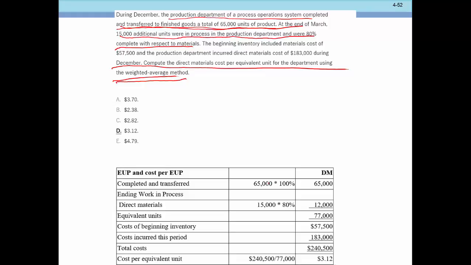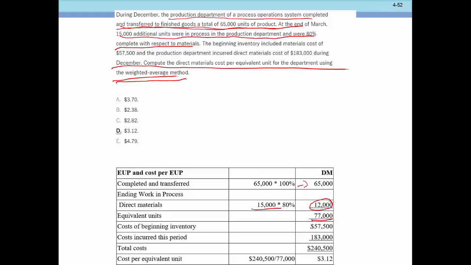So this is a different problem. I thought it was the same problem where they just asked me about the conversion cost now, but we completed those 65,000 units. They told me they were transferred, so I just picked that up. This is the easy version. I take the 15,000 that are 80% done and multiply that. That gives me my equivalent units.